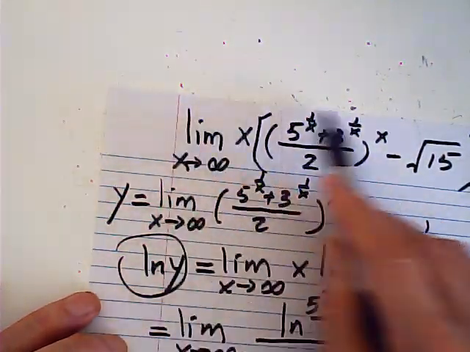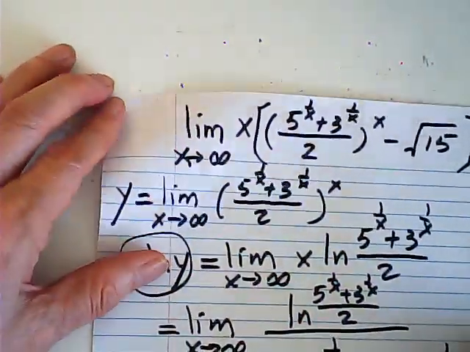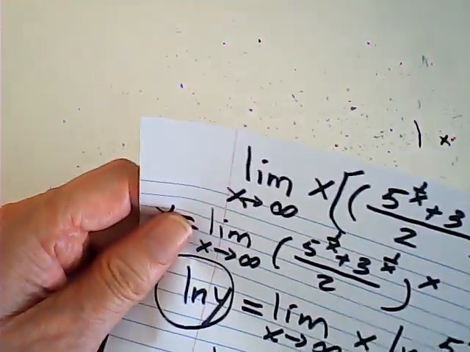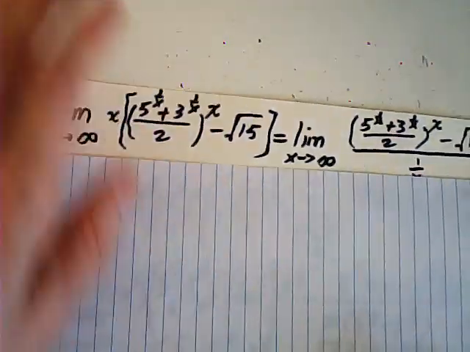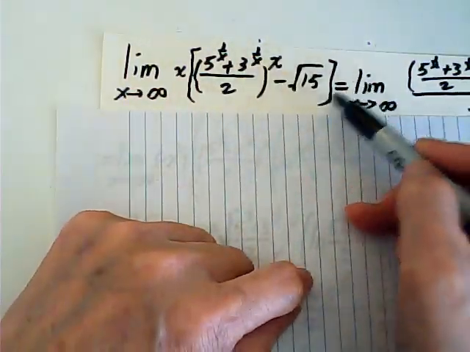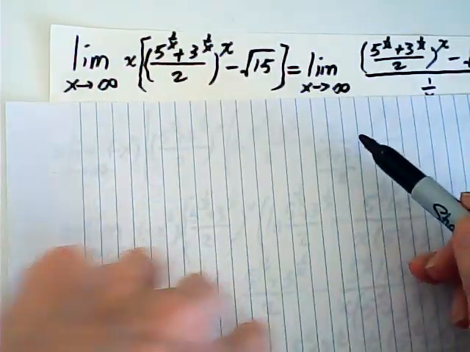The limit could exist because for infinity times 0, we can determine whether it's finite or not. So we can start discussing this limit. Well, we just showed this one is going to be 0. Therefore, this limit could exist.